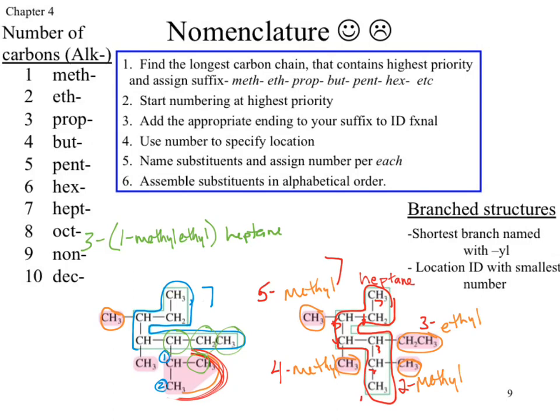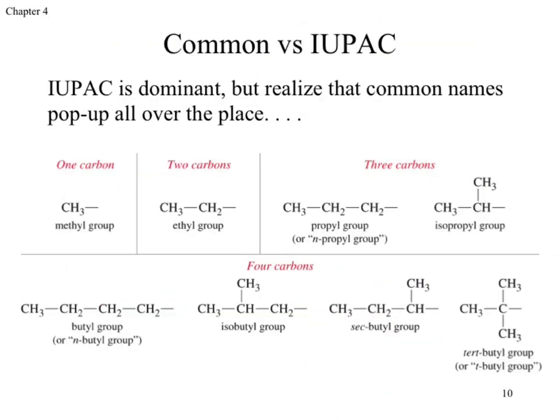What you're looking at is what's known as common versus IUPAC. IUPAC goes through and identifies every single atom in all of their relative locations. The common name is where we go through and certain substituents carry very particular names. So with 1 carbon, we always hit methyl. There's no difference. 2 carbons, we always hit ethyl. There is no difference in naming.